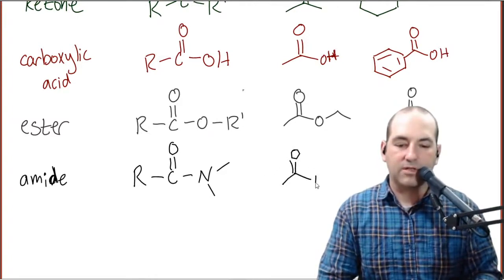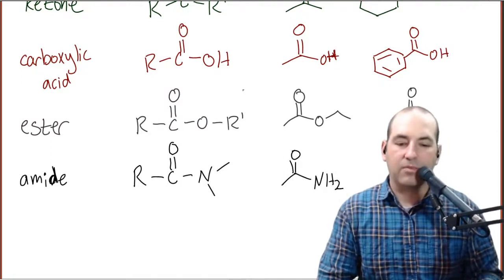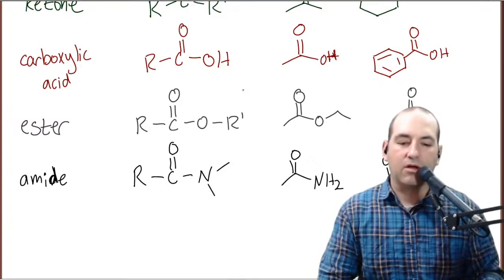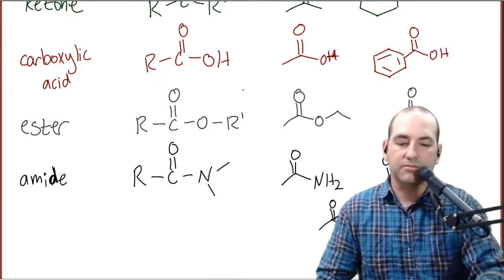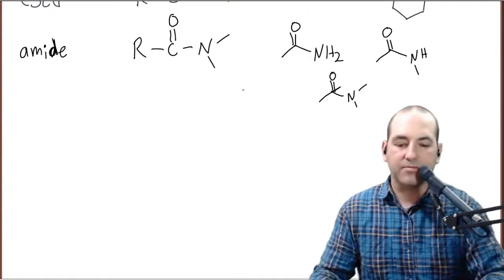So again, for some examples we can draw, we can just draw something like this that has hydrogen. We can draw something where there is carbon connected to that nitrogen. We can draw something where there are multiple carbons connected to the nitrogen, 2 carbons connected to the nitrogen.